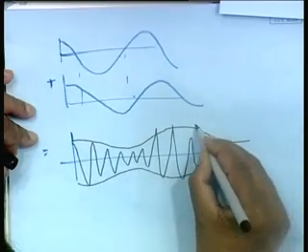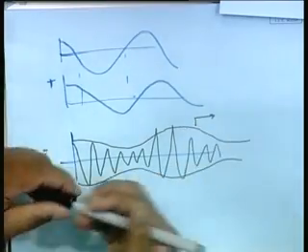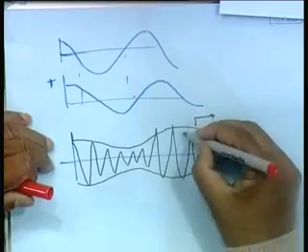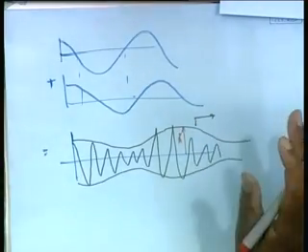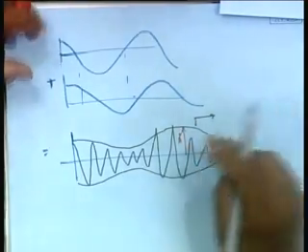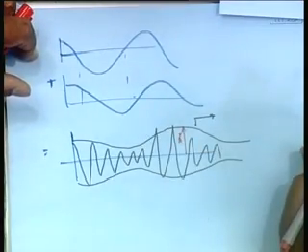This envelope, which is my A star, itself is moving with a wave velocity. So, the envelope itself moves with a speed.